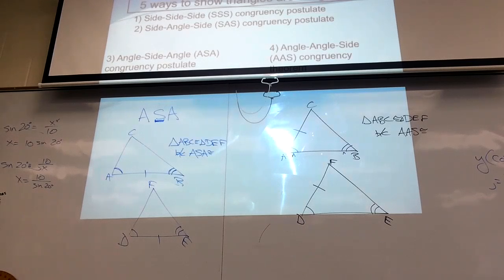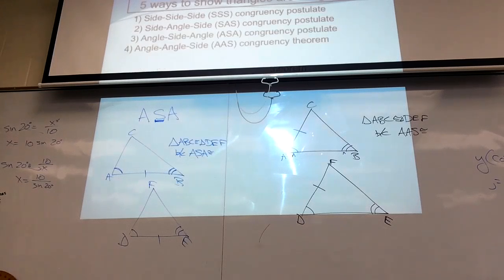All right, the last one, I'll show you it, but I would add this off to the side. The last one is HL, okay? It's called hypotenuse leg. The only kind of triangles that have a hypotenuse in them are right triangles.